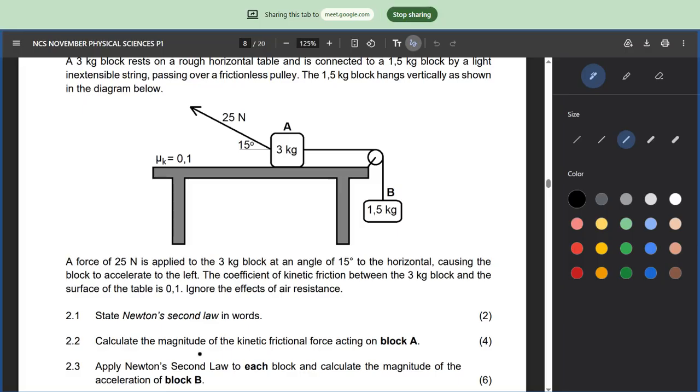First question, they want you to state Newton's second law in words. Since you are writing, this is something that you should already know by now. Just give me a second.